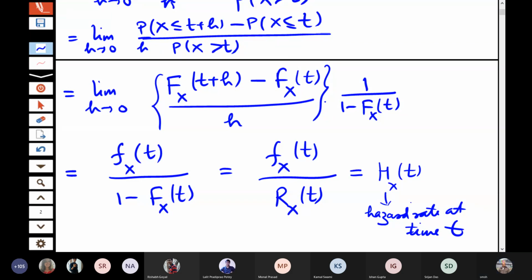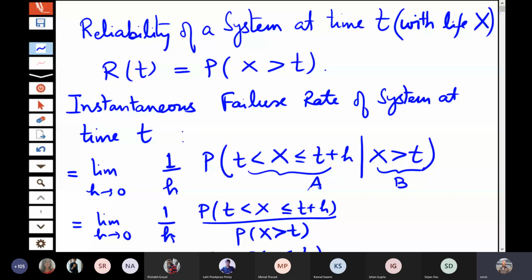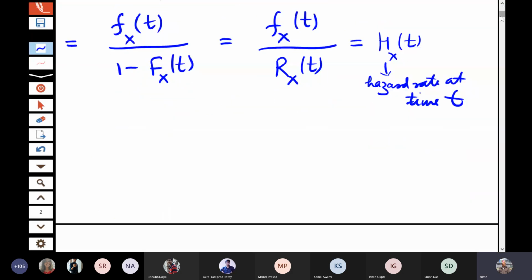So we have derived the formula for a term called the instantaneous failure rate of a system at time t: the density function divided by the reliability function, or density function divided by 1 minus the CDF. Is that okay? Can you follow this formula? Yes.